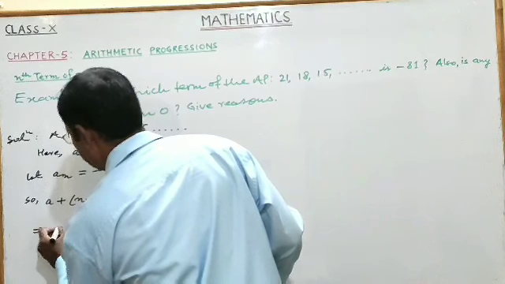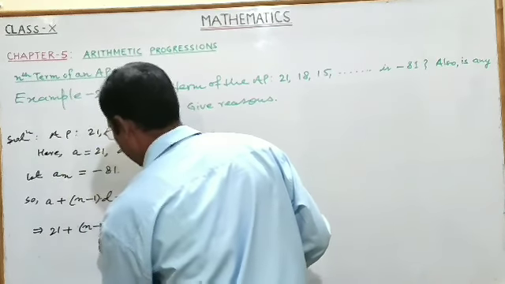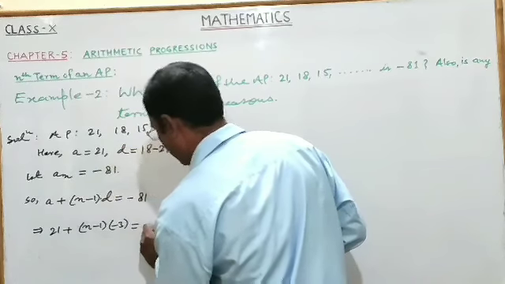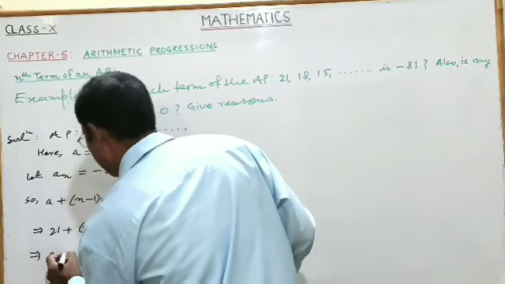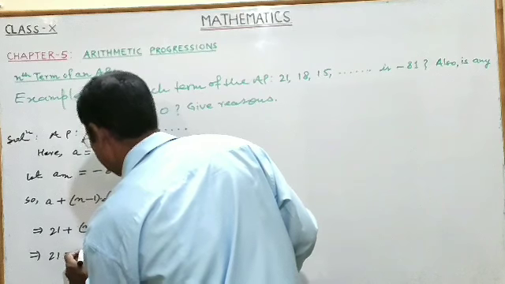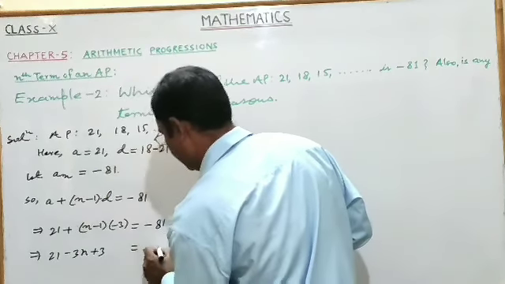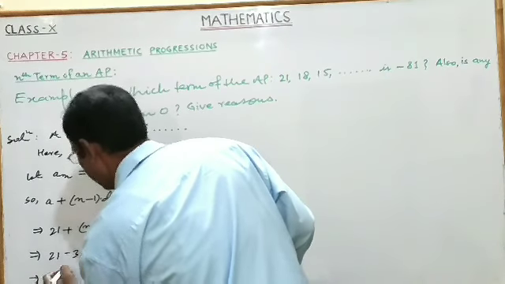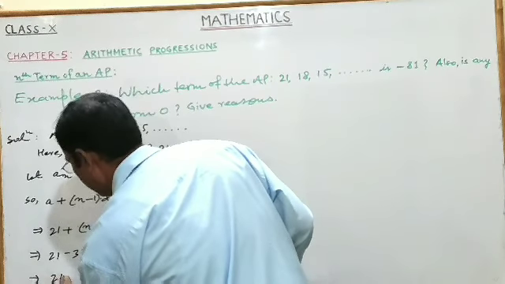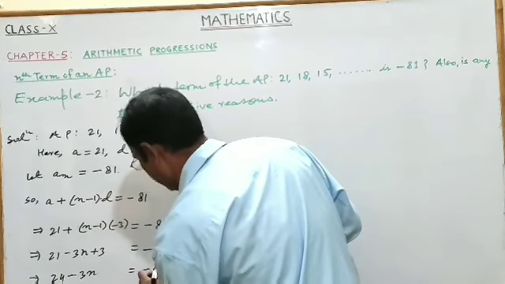So 21 plus n minus 1 into minus 3 equal to minus 81. 21 minus 3n plus 3 equal to minus 81. 21 plus 3, 24, minus 3n is equal to minus 81.